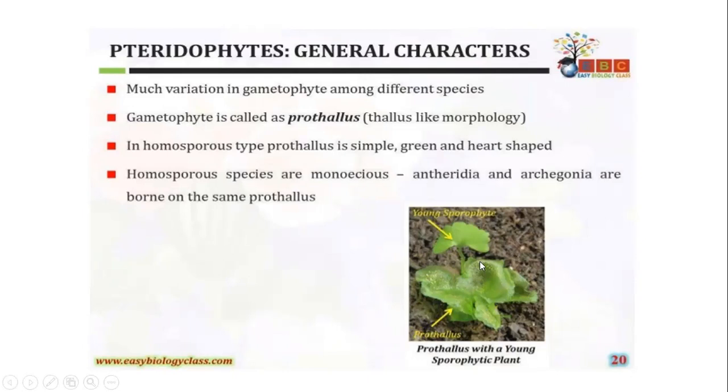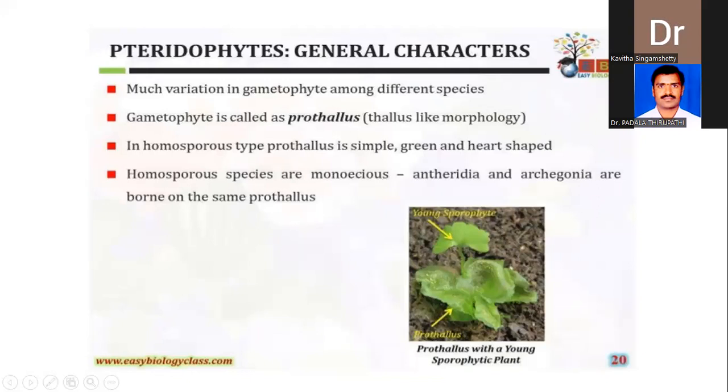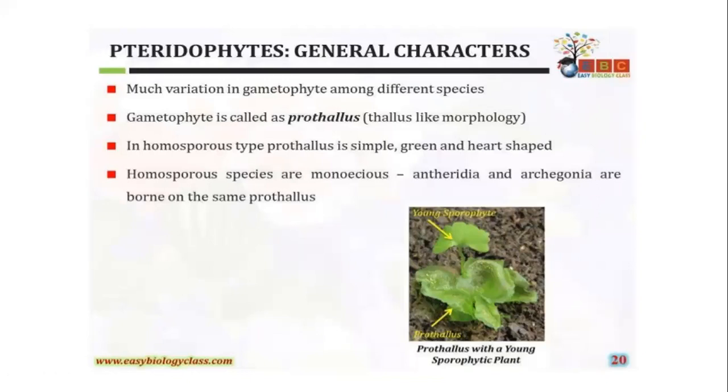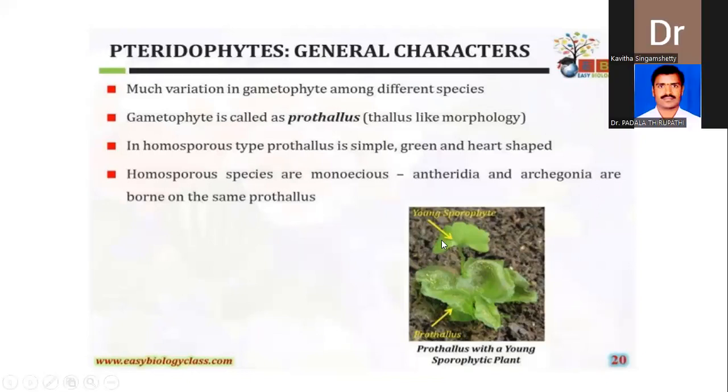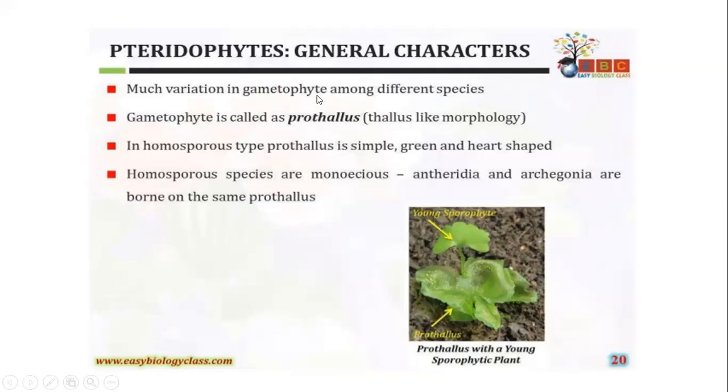Here we can't see any differentiation of stem, root, and nothing like that. So it is a younger gametophyte, the first formed gametophyte from the spore. This is called the prothallus, that is, the thallus which is developed from the spore, or which we can call a young gametophyte.